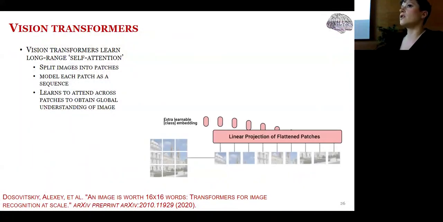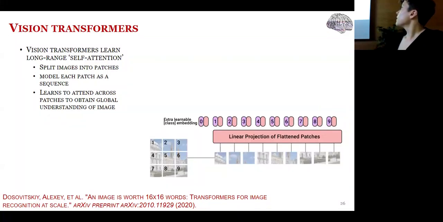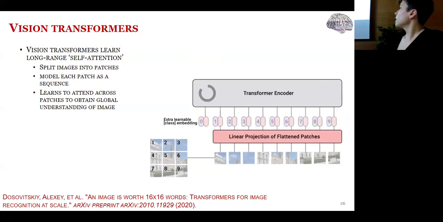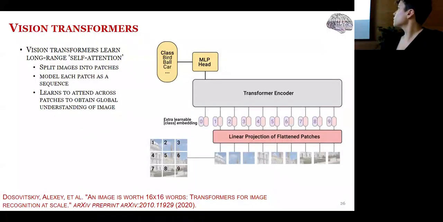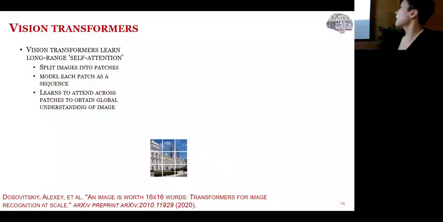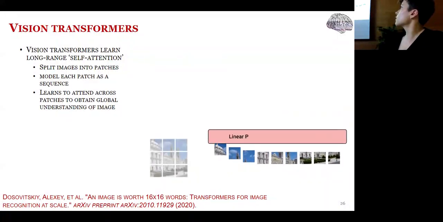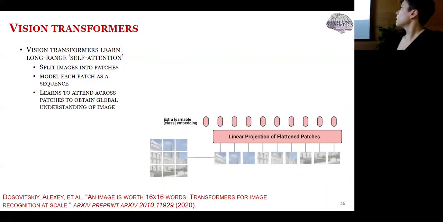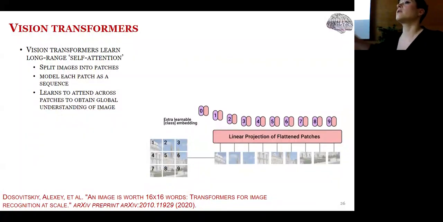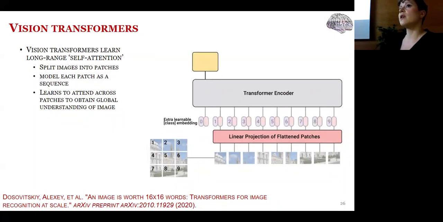So you have very long range attention. And what the people who built the vision transformer realized is that this idea of long range attention, so understanding how distant structures combine together to convey interpretation of an image, is also important for image understanding.